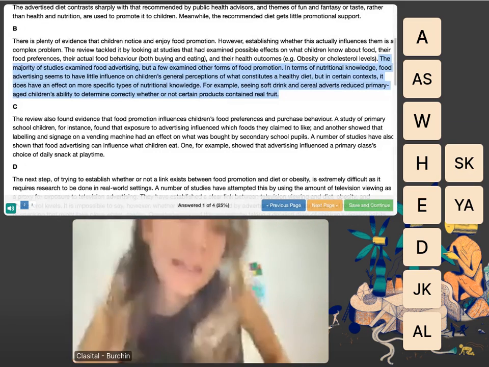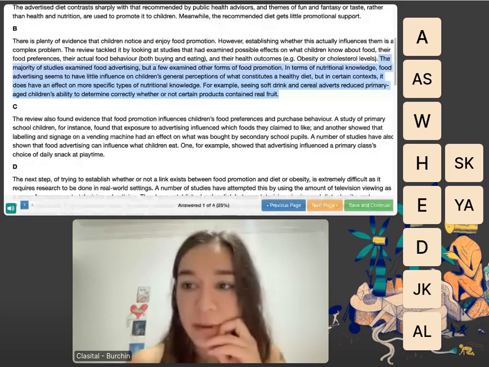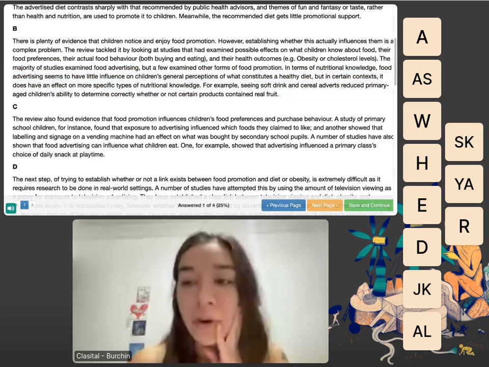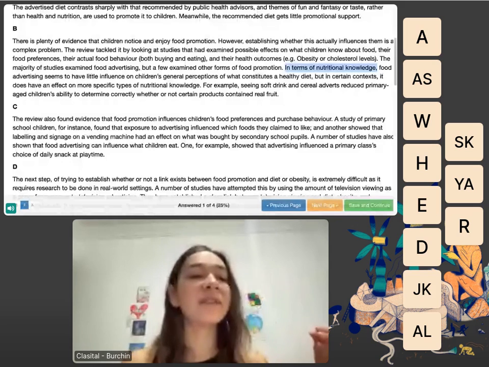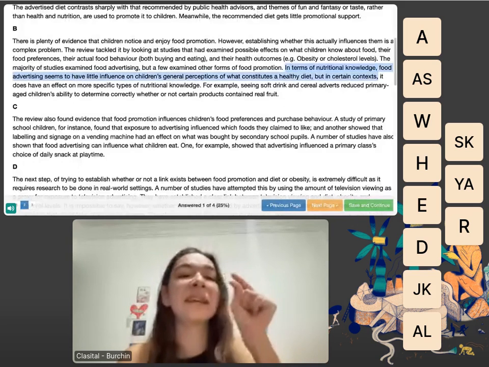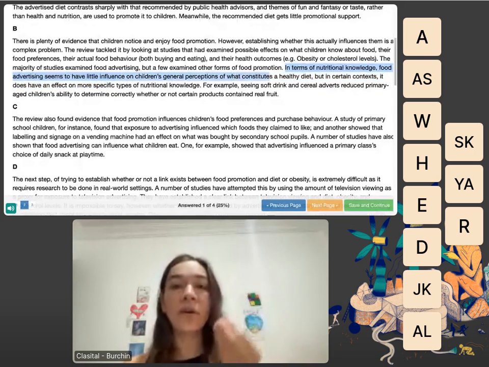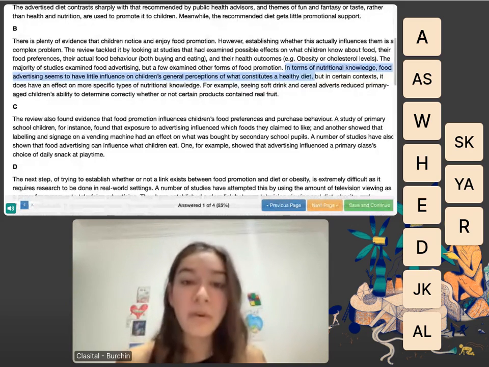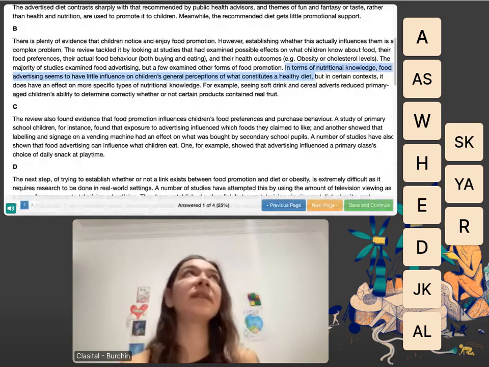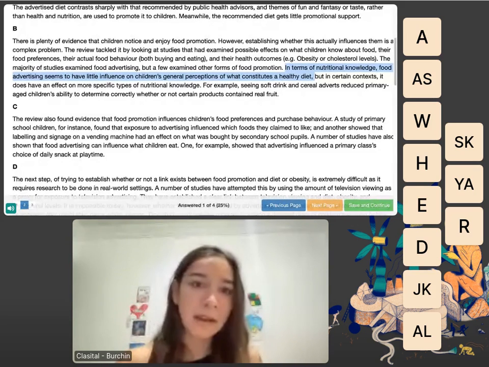So it says in terms of nutritional knowledge, food advertising seems to have little influence on children's general perception of what constitutes a healthy diet. So children are not taught what constitutes a healthy diet with TV advertising.